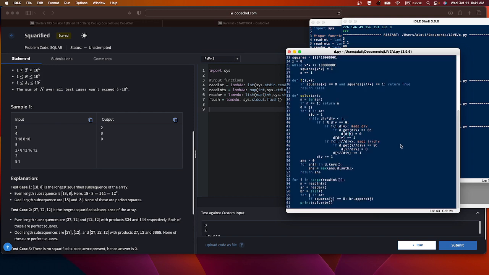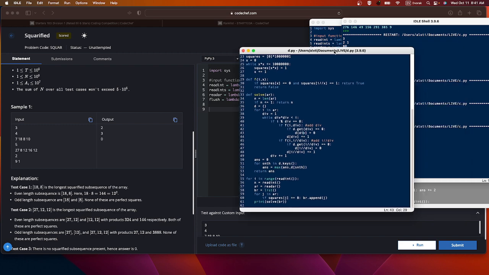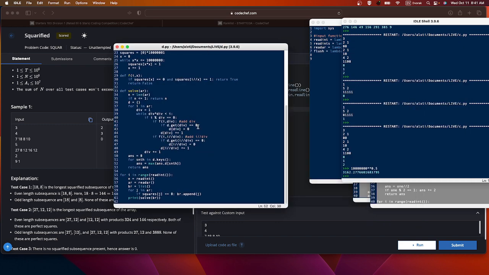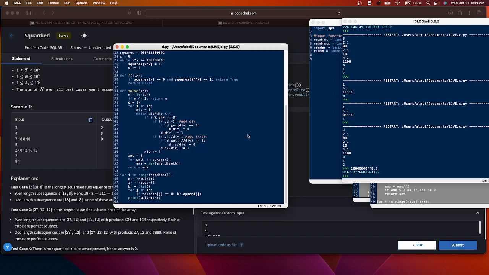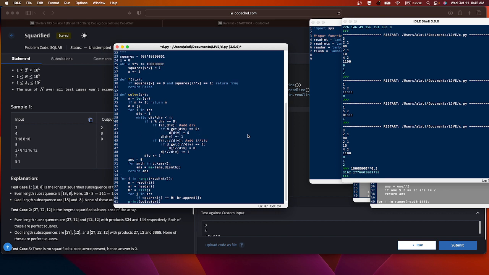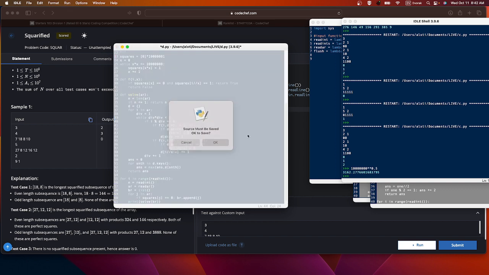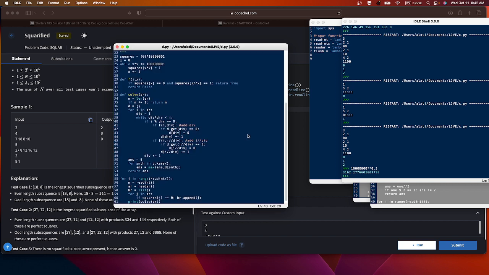Wait, where's my invalid syntax? Here. Wait, why is there invalid syntax here?